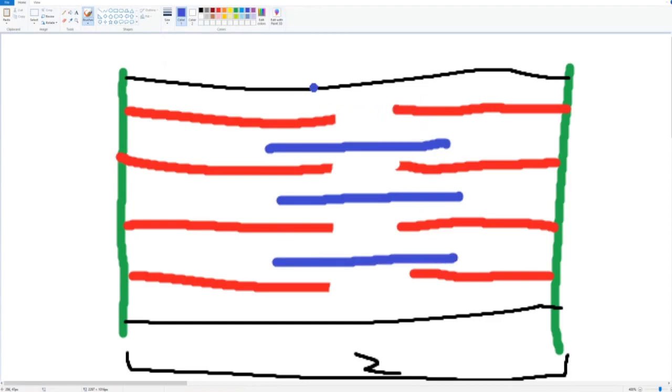We have these red ones are troponin, which are the kind of anchor points along an actin cytoskeleton. Together, they're called tropomyosin. And then this in the middle, these are myosin, right? The interesting thing is that on the ends of this myosin there are many little heads.